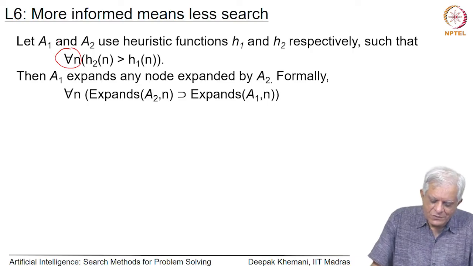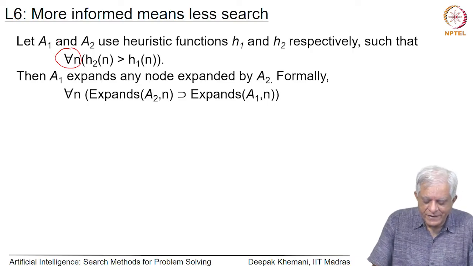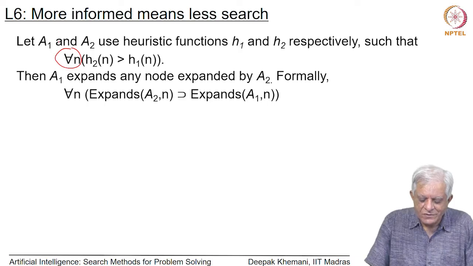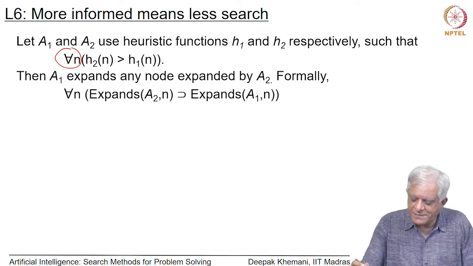Then we want to show that if A2 expands any node, then A1 will also expand it. What we are saying here is that the set of nodes inspected by A2 would be contained in the set of nodes inspected by A1. What does that mean?